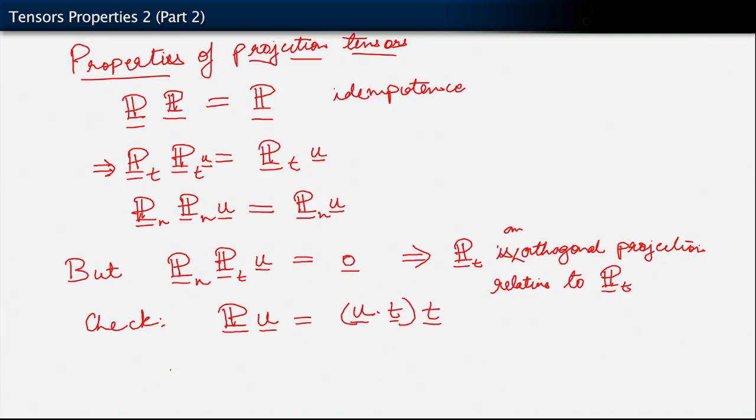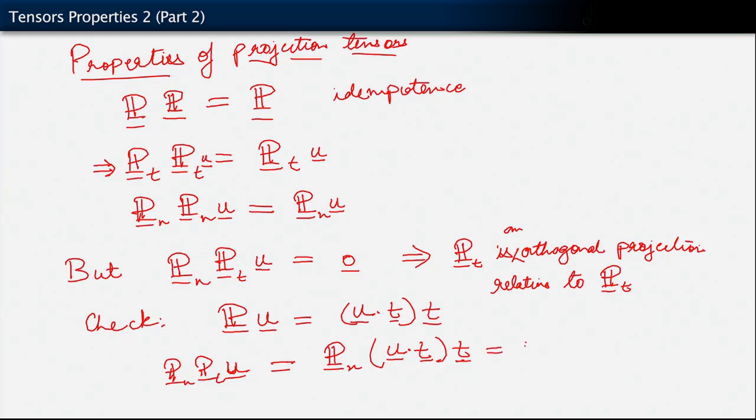But then P sub N acting on P sub T of U is equal to P sub N acting on U dot T times T. Now U dot T is just a scalar, so it comes out of this calculation.